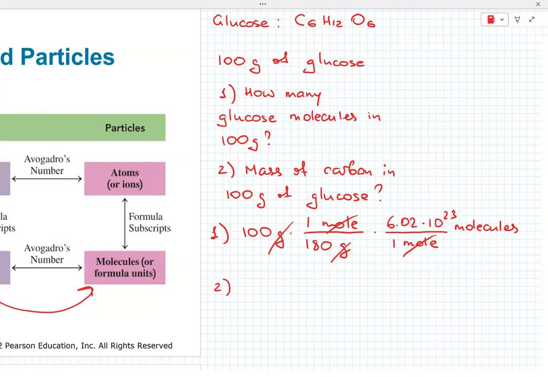Can we find how many moles of carbons, carbon atoms, are in 100 grams of glucose? Yes. So, we have this 100 grams. Can we find the number of moles of glucose? Yes? We already did that.